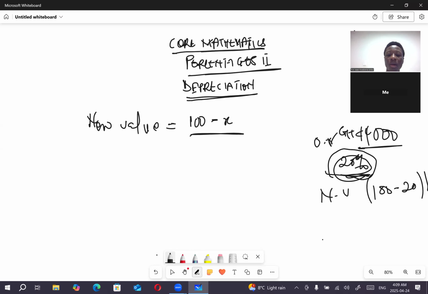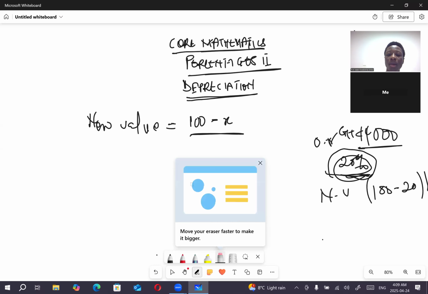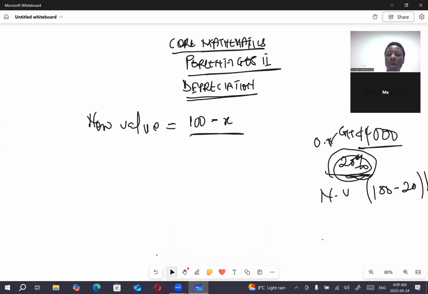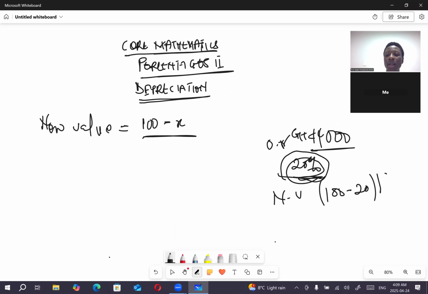It will be all in percent. To be able to solve without a percent, then you have to divide by 100. Then in that case, it will not be there anymore. So we are fusing everything in that formula over 100.